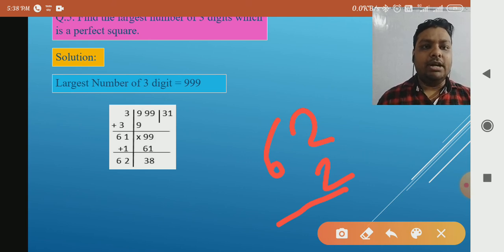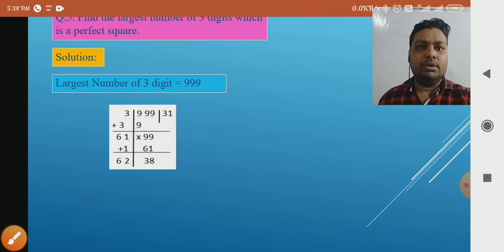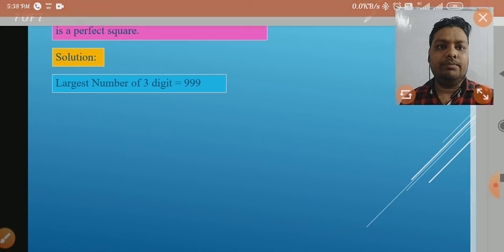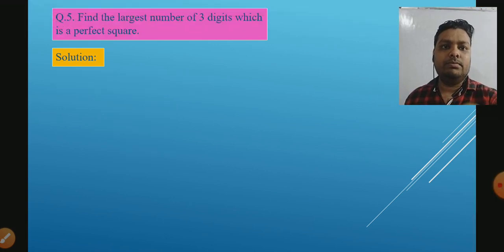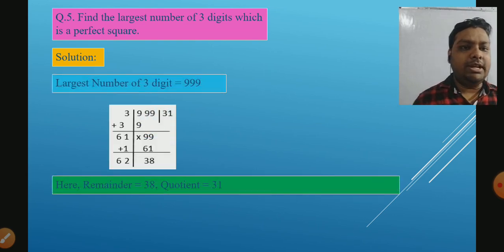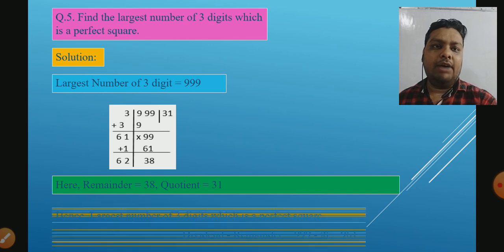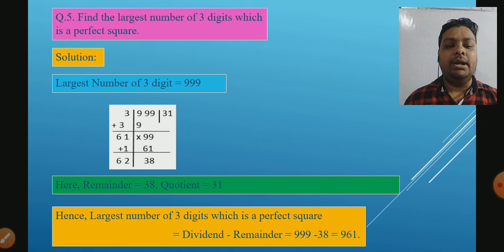Okay. After that, what will we do to find the square of that number? So the remainder will be 38 and the quotient will be 31. After that, we will subtract the remainder from the dividend to get the largest number of 3 digits.